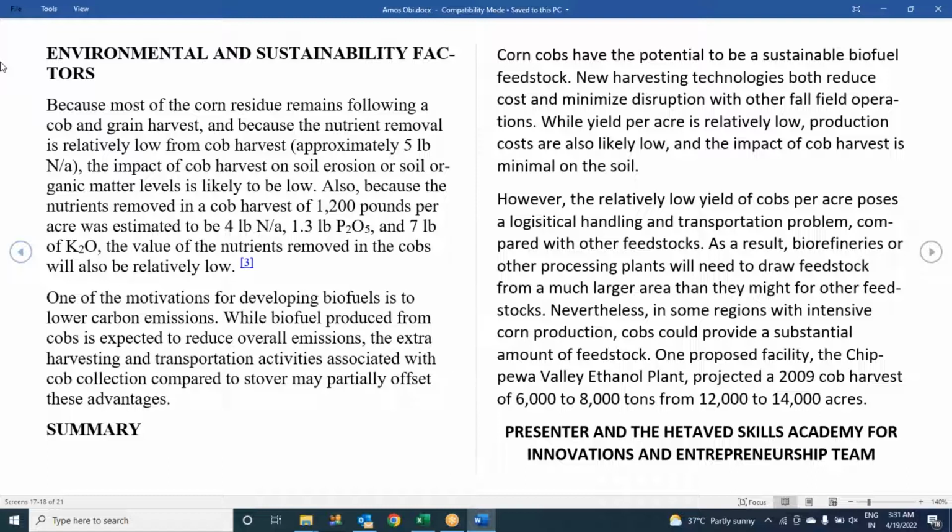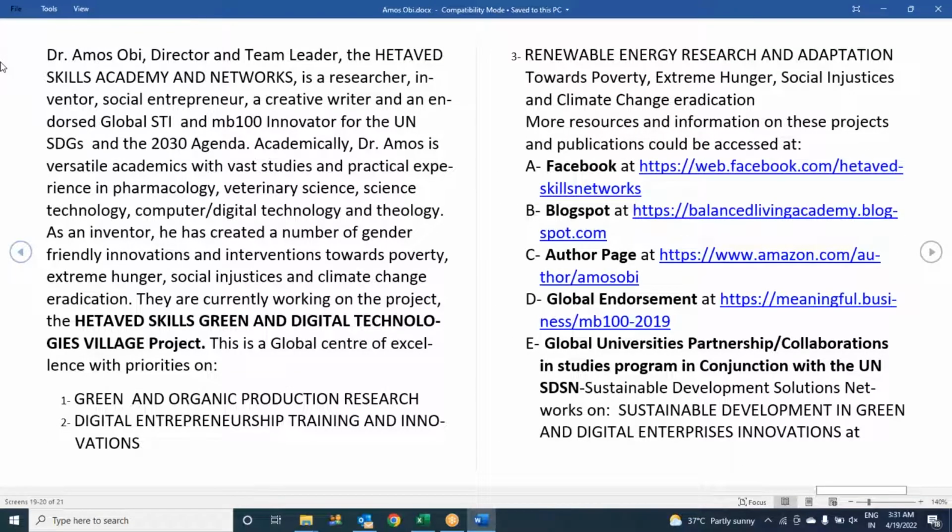In our institute, the Hyderabad Skill Academy for Innovation and Entrepreneurship, we are researching green and organic production of such materials that can be useful for man to reduce the effects of climate change and also promote food production and sustainable energy.